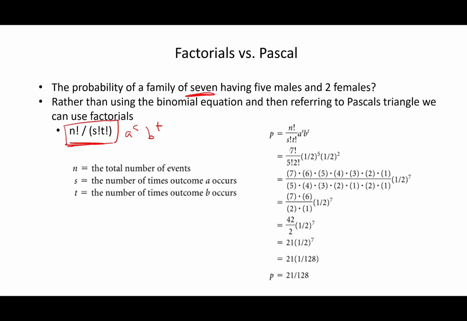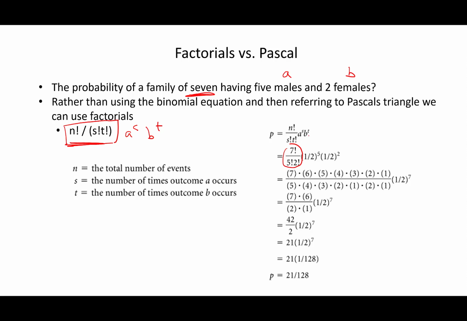So it's going to be 7 factorial over the number of times outcome A occurs. Outcome A will be male, outcome B will be female. So 5 males, 2 females: 7 factorial over 5 factorial times 2 factorial. Now, factorials just basically mean you calculate this out: 7 times 6 times 5 times 4 times 3 times 2 times 1.